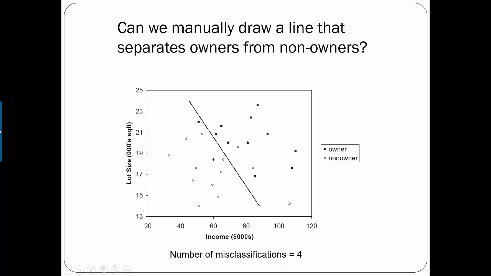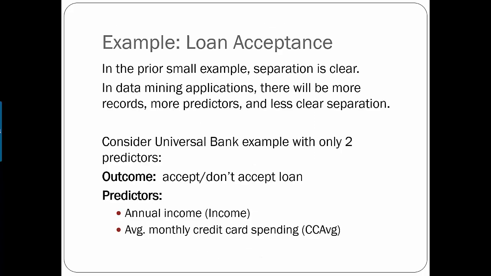So discriminant analysis works like this. It comes up with a function called the discriminant function that calculates a score, and based on the score you then classify as owner or non-owner. We're going to use an example of our universal bank, whether a customer will accept a personal loan offer.